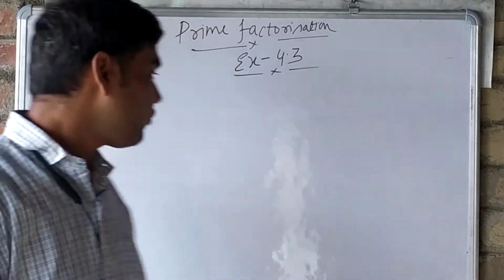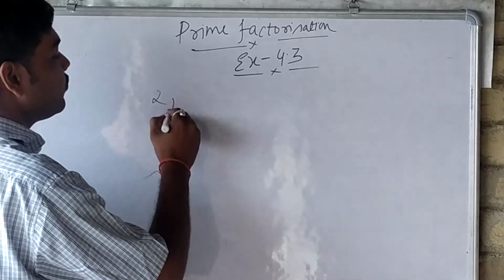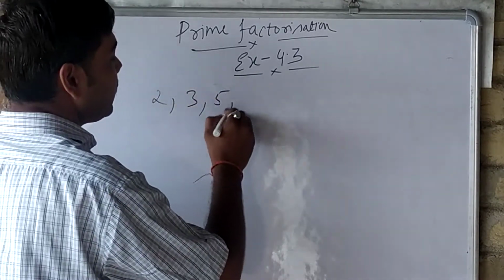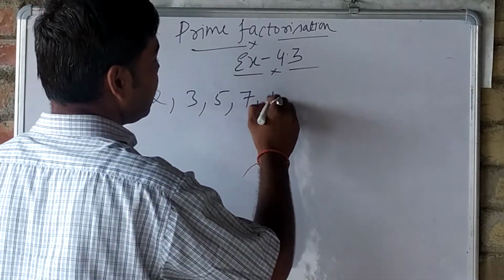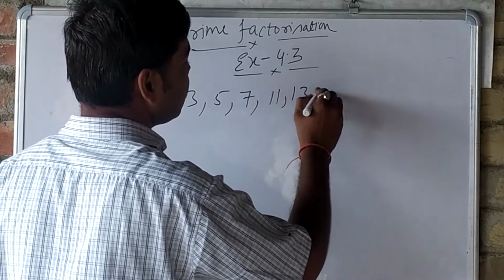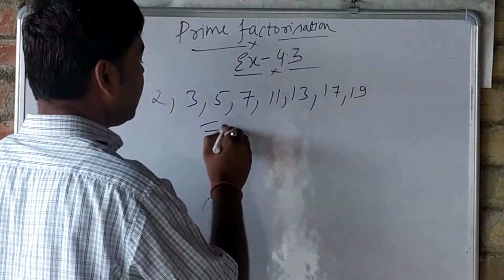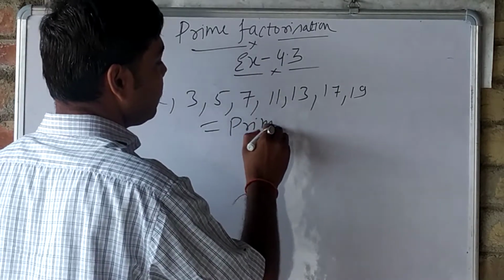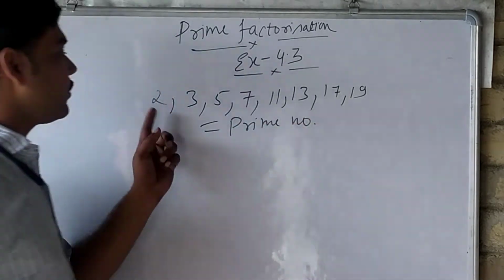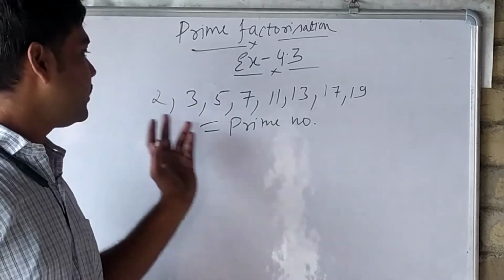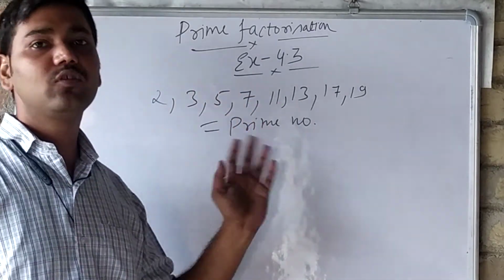And you all know what the prime numbers are: 2, 3, 5, 7, 11, 13, 17, 19. All these are prime numbers. So the factors will always be in this form.